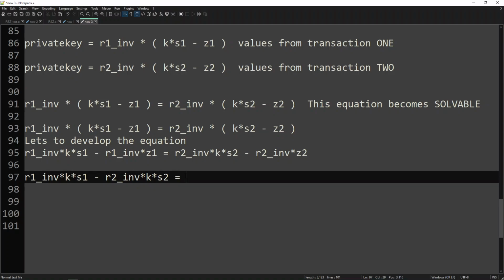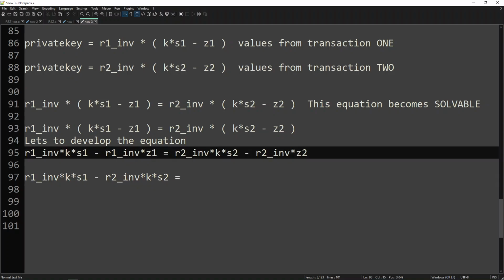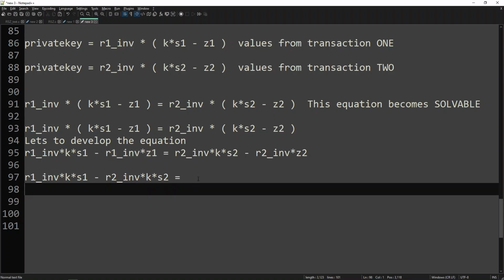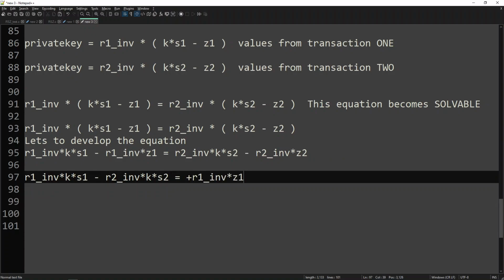Yes, and equals to this value negated, passed here and positive, so we can omit this symbol, minus this value. Okay guys, what happened?